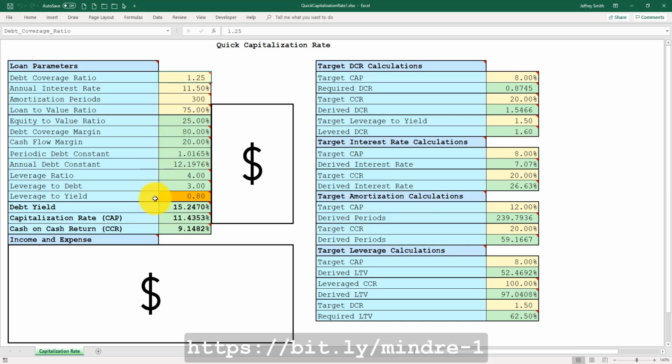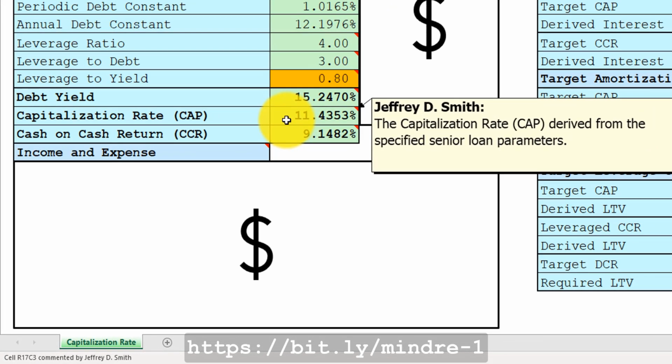But we look here, we already know that this loan will not fit a $1 million property because the cap rate is 11.4353%, not 8% that the mortgage broker was claiming. This was a nonsense loan.